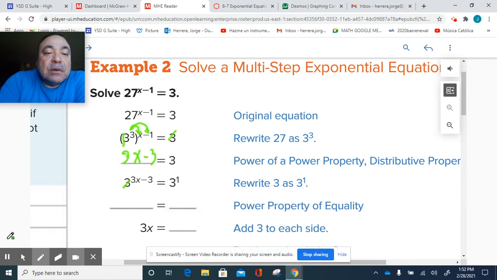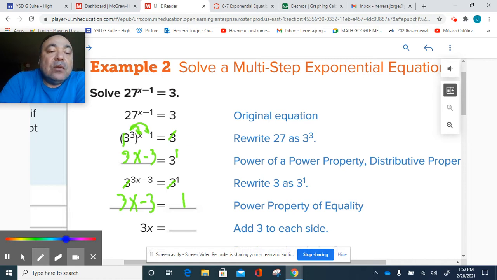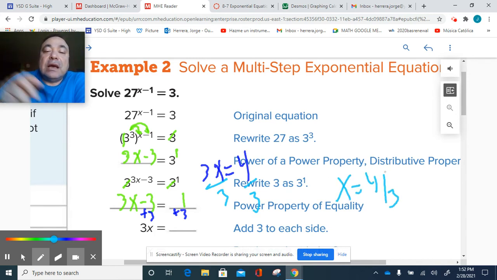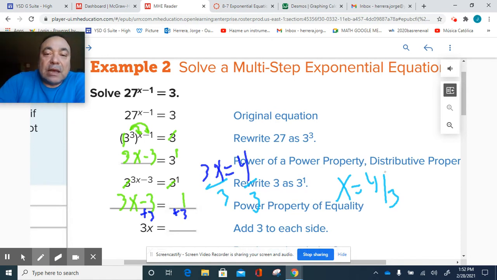So I got 3x minus 3 equals 1. Then I added plus 3, and I ended up with 3x equals 4. Then I divided everything by 3, and I got x equals 4/3. I hope that helps a lot.